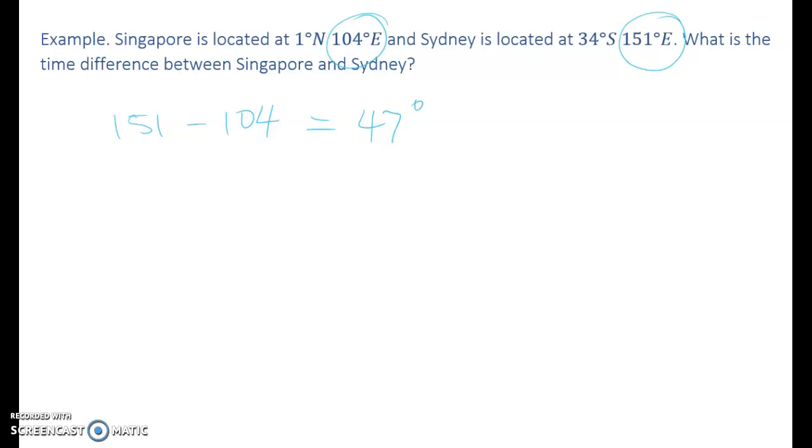So the difference in longitude between the two is 47 degrees. Now we're going to divide that by 15 to get the closest hour, and 3 15s go into 47 with 2 left over. Okay, so we're going to round that off, 3 hours.